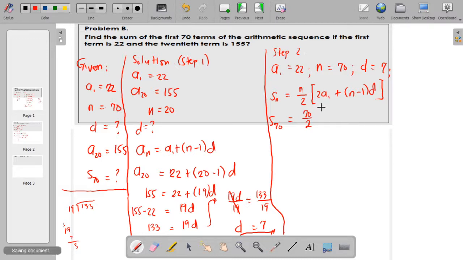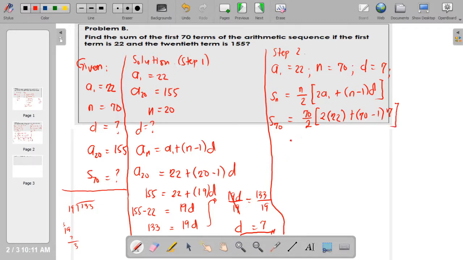Okay, 70 divided by 2 times, this is 2 times, what is our a sub 1? Our a sub 1 is 22 plus quantity n, which is equal to 70, minus 1 times our common difference, which is equal to 7.